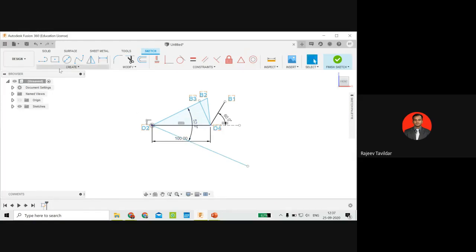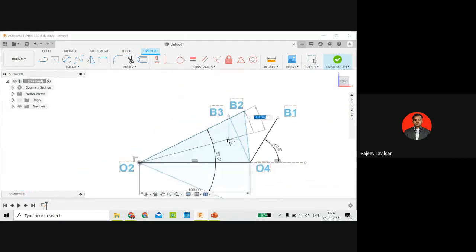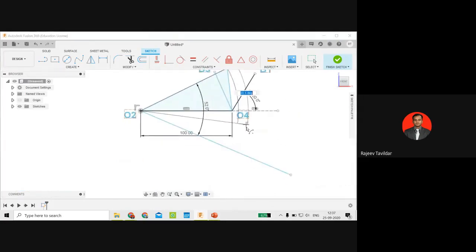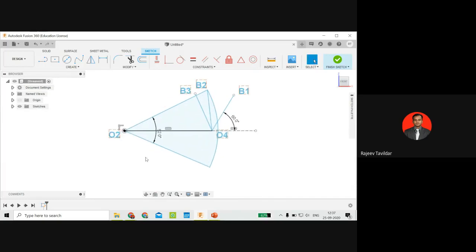And I'm supposed to draw an arc here in this fashion with center O2, radius equal to O2B2. I have to rotate this up till here. Okay, I'll trim off the extra portion here. I hope you got the point here.